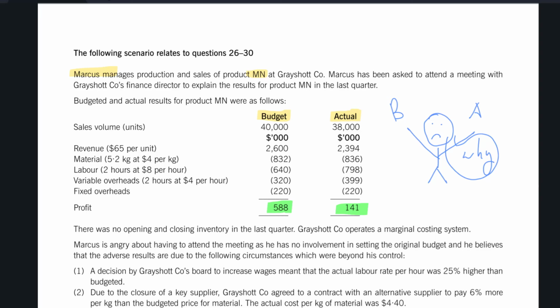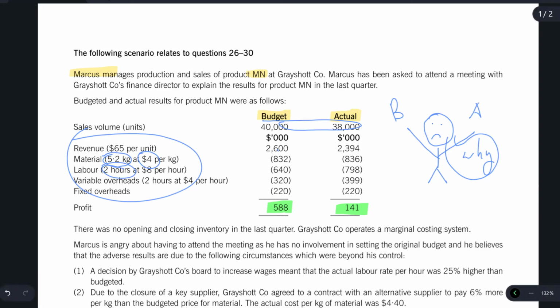Now, look at the lines in the budget. Many things could have gone wrong. We have units. Look at this. They sold fewer units. Maybe they sold at a different price. Maybe they used more kilos per unit because they wasted some. Maybe they paid more money at the supplier.